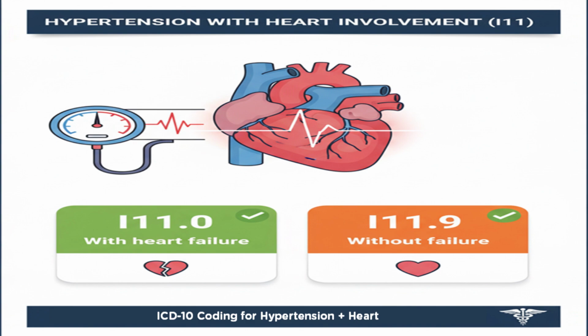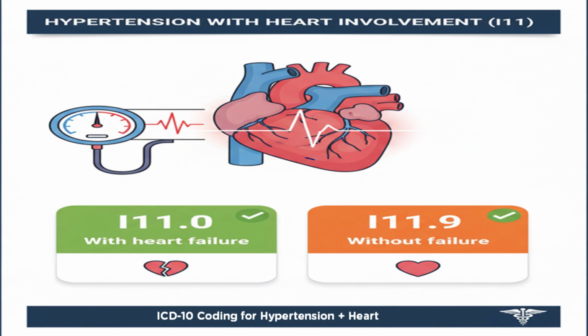This is used when the patient has a structural or functional heart abnormality, such as left ventricular hypertrophy, due to hypertension, but heart failure is not present. The critical distinction between these two codes is the presence or absence of heart failure. Always review the documentation carefully to ensure you capture the most specific and accurate code reflecting the patient's condition.